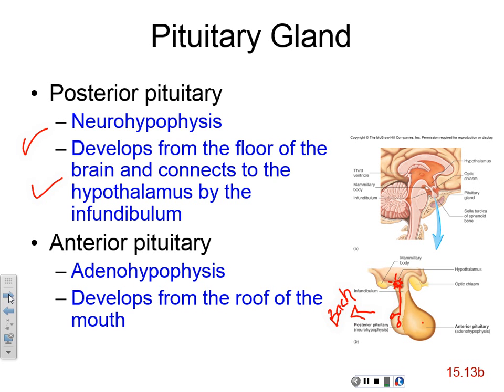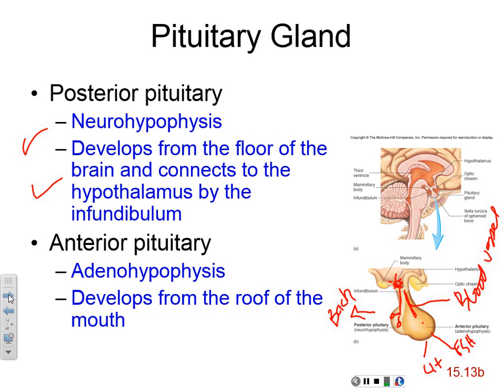Say for instance, gonadotropin releasing hormone will be secreted by the hypothalamus, and then it will go through blood vessels. So this will be blood vessels. And then the hormone will take effect here, and gonadotropin releasing hormone causes the release of gonadotropins like LH and FSH.